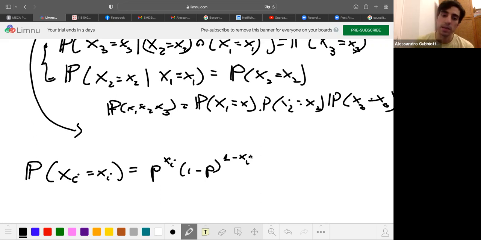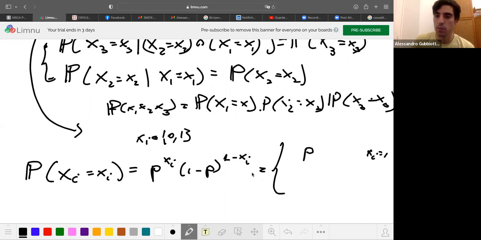Well, we simply substitute xi; recall that xi is either 0 or 1. So if xi is 1, 1 minus xi is 0, and whatever number to the power of 0 is 1. So this is equal to p to the power 1 times 1.